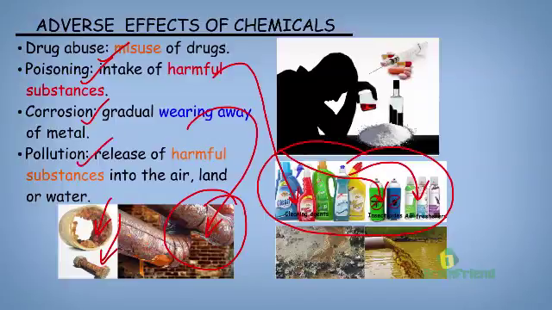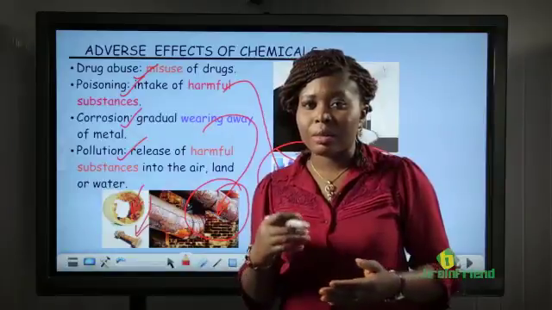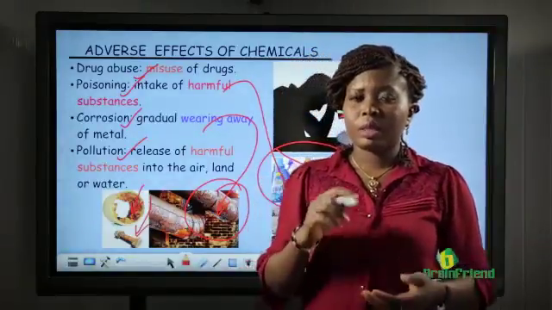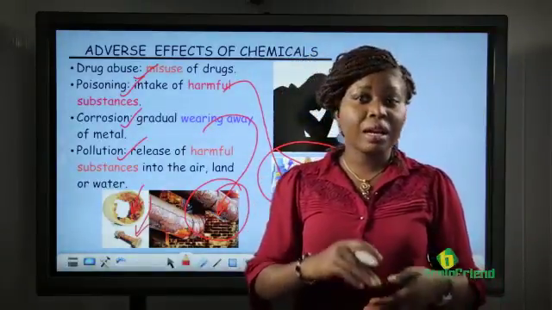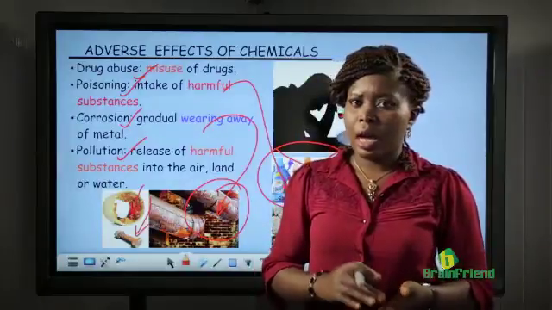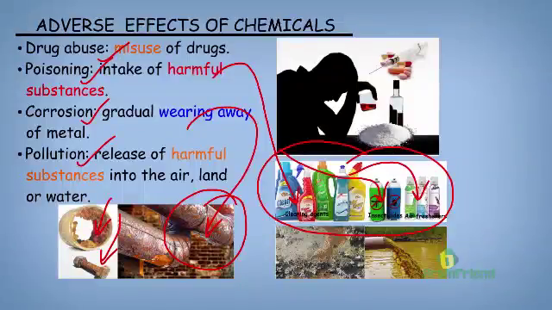Four. Pollution. This is known as the release of harmful substances into the air, land, or water bodies. Most industries, especially chemical industries we have around us, produce chemicals as byproducts, and they produce these chemicals in very large quantities. And so, when these chemicals are released into the air and we inhale them, they cause harm to our body.